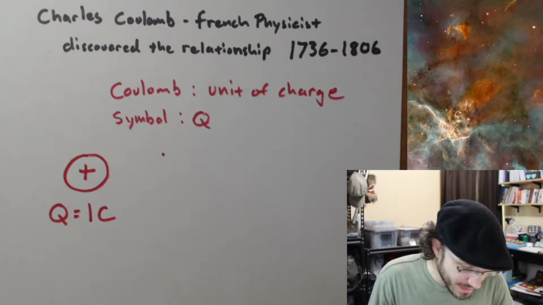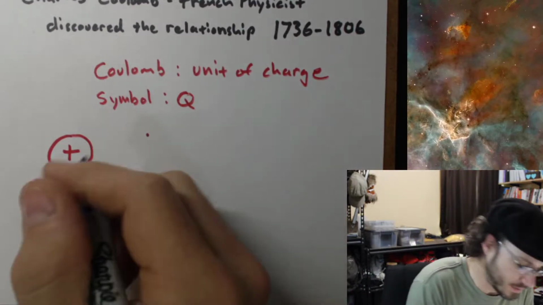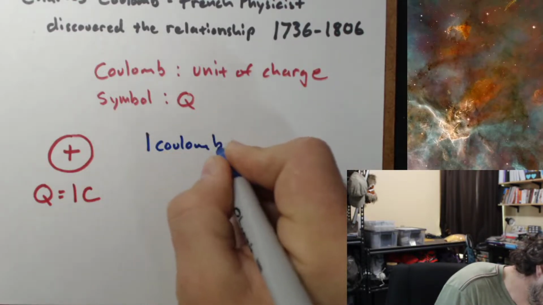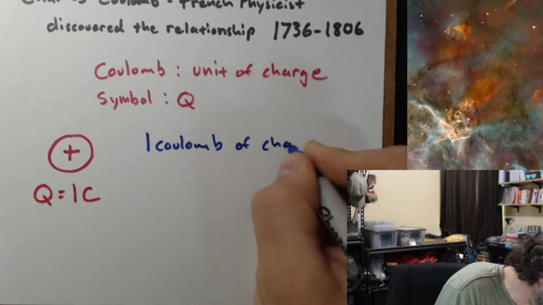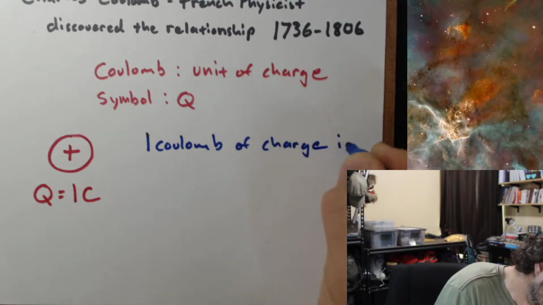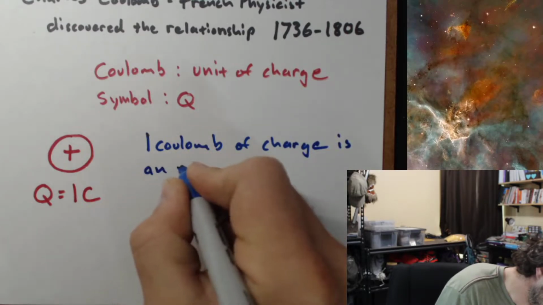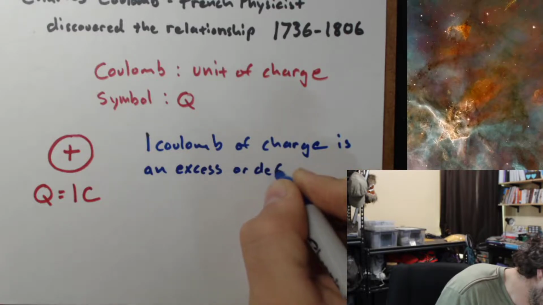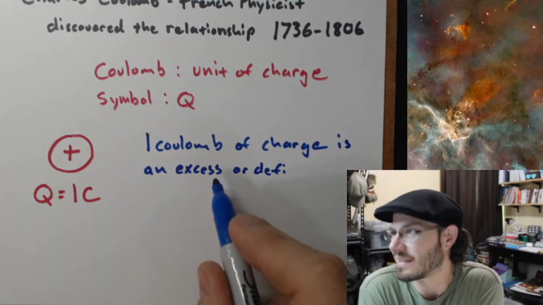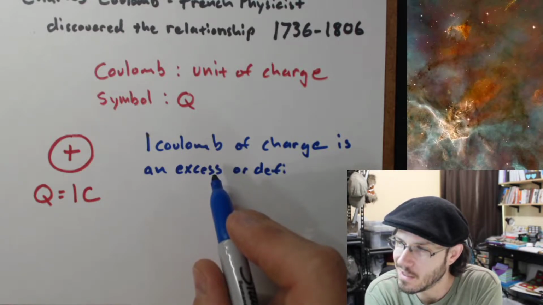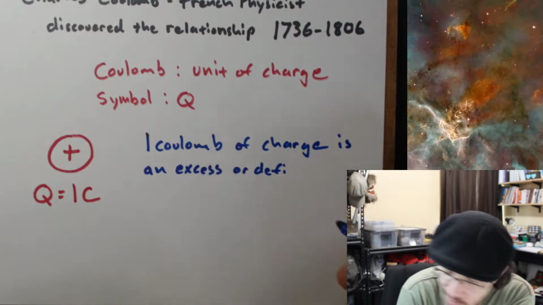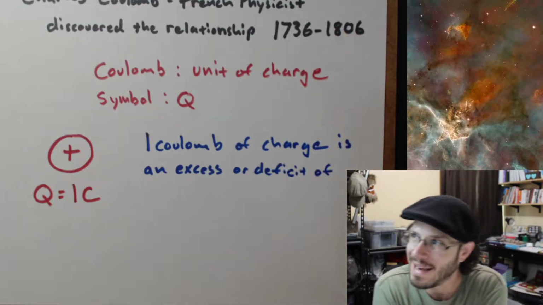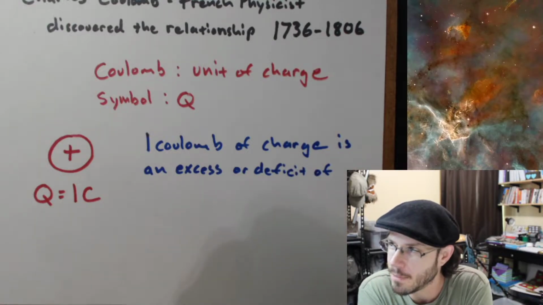Let me go ahead and write this up over here. 1 Coulomb of charge is an excess, so either we added a number of electrons or a deficit, we subtracted, of how many electrons? 6.25 times 10 to the 18th.